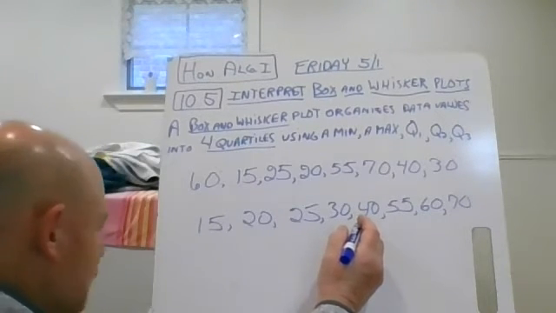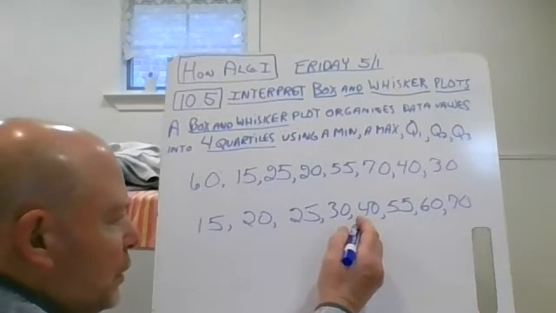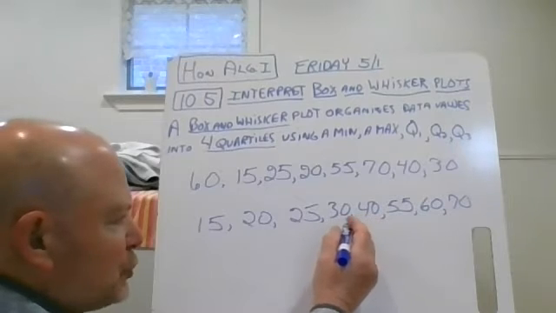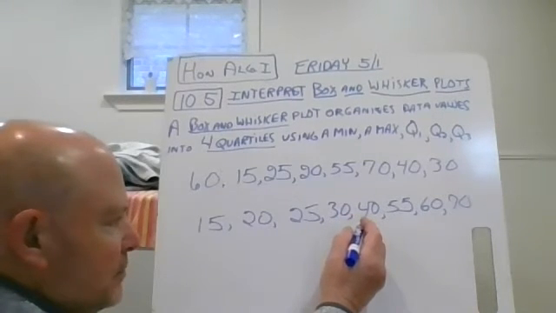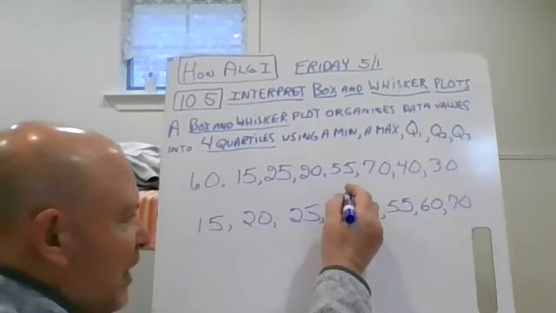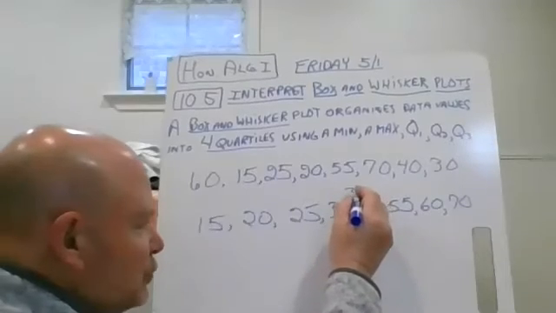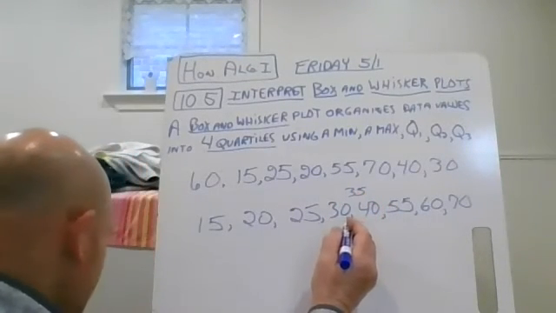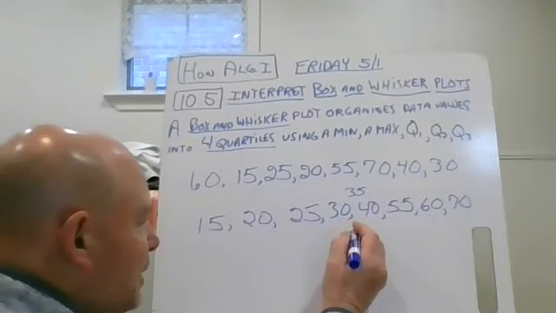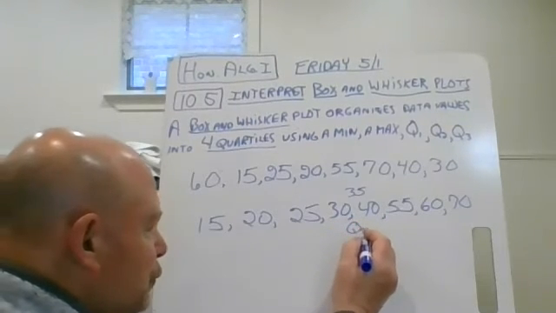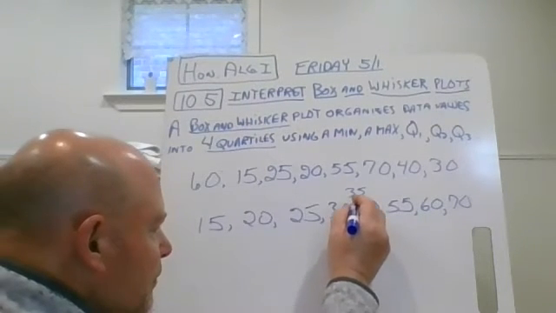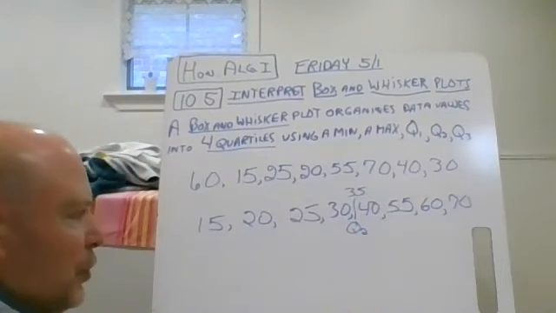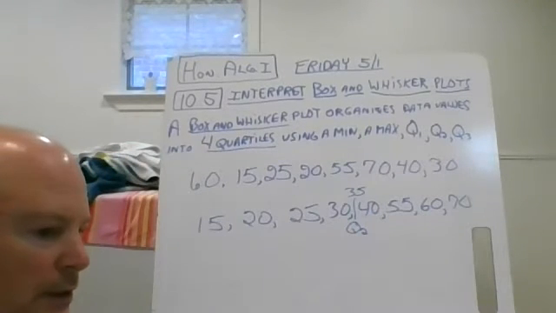So you take the 30 and the 40, what's the average gonna be? 35. So 35 is gonna be the median. That's gonna be Q sub 2. 35 is going to be Q sub 2.